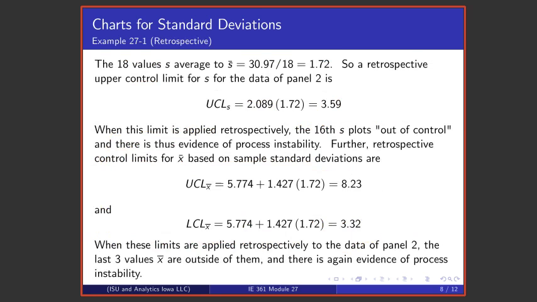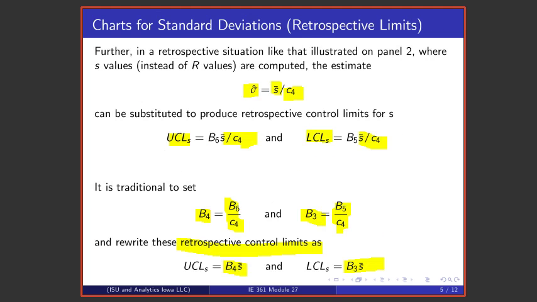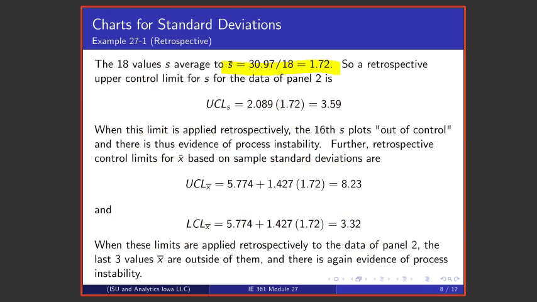If you take the 18 S values and average them, you get 1.72, and multiplying 1.72 by the big B4 control chart constant, that for a sample of size 5 is 2.089, a retrospective upper control limit for sample standard deviations is 3.59.